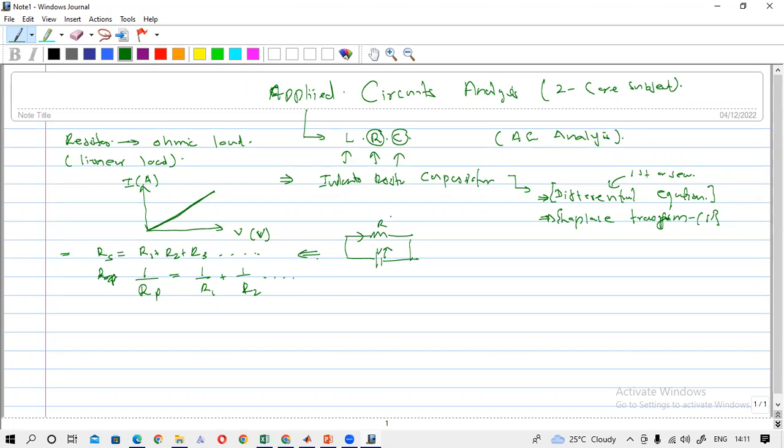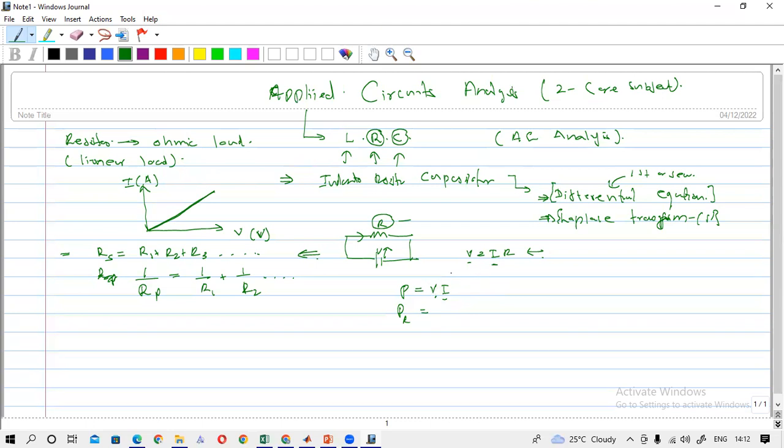If you want to measure the power across this resistor, power is equal to VI, voltage times current. You know that V equals IR according to Ohm's law, so you can replace V or I using this equation.